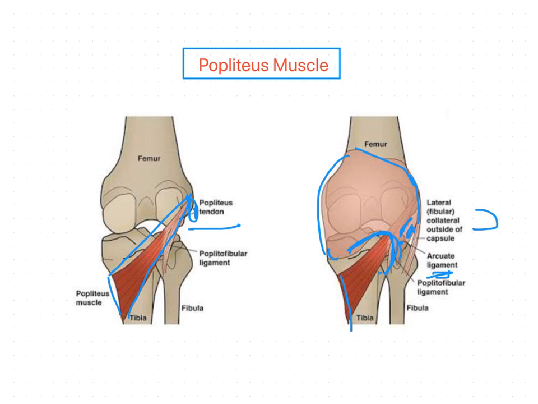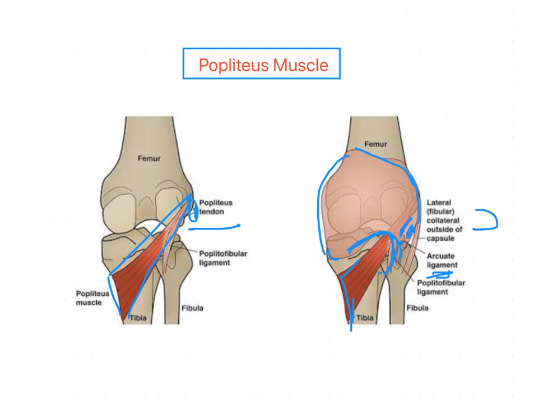We have studied the soleal line in the osteology of the tibia, which is present on the posterior aspect. The muscle is also inserted into the tendinous expansion covering the muscle. So this is the insertion of the popliteus muscle.